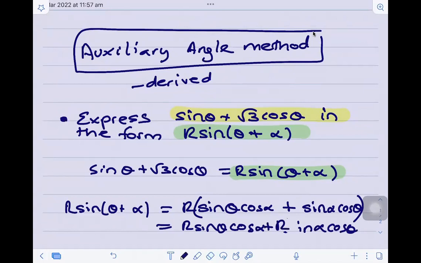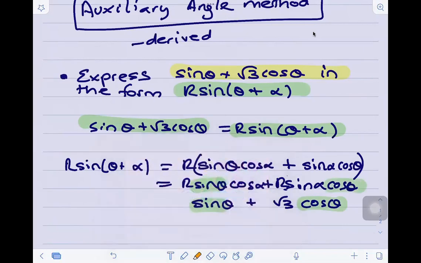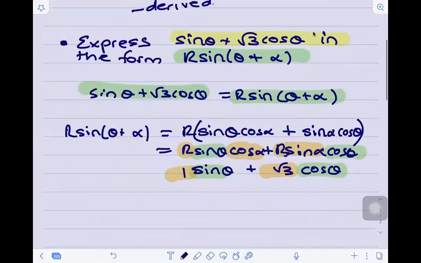Okay, so underneath there, I'm going to put what it's equal to, which is sine theta plus root 3 cos theta. Now you notice there that the sine theta matches with the sine theta, the cos theta with the cos theta. The leftover stuff, your r cos alpha and your r sine alpha, that must match with the root 3 and the 1.